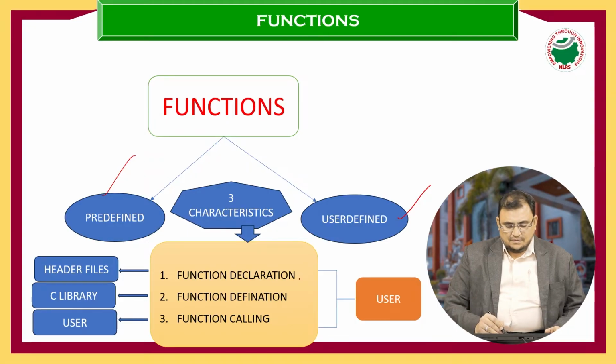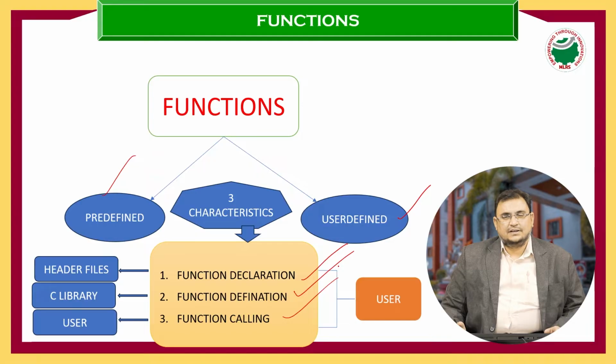A function declaration is required, function definition is required, function calling is required. These are the three characteristics of the function. Whether you consider a predefined function or a user defined function, you need to follow these three characteristics.